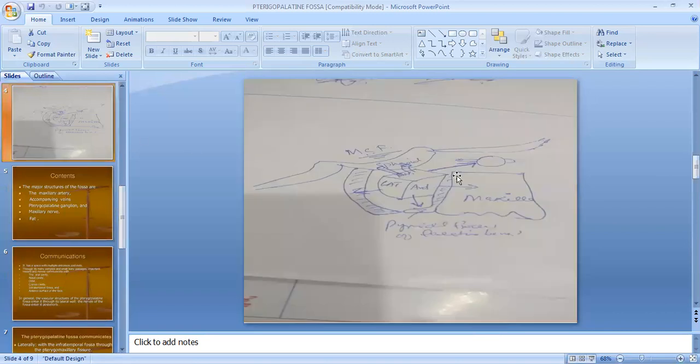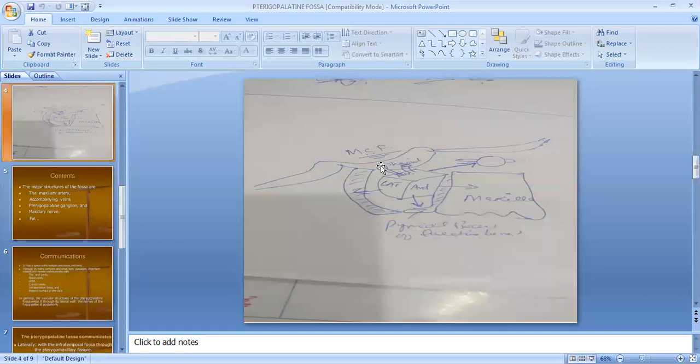So, to know all about this fossa, you should understand this diagram. If this is the location of the pterygopalatine fossa, this is the anterior boundary, which is formed by the maxilla. This is the anterosuperior boundary formed by the orbit.